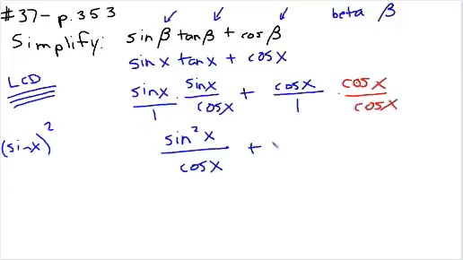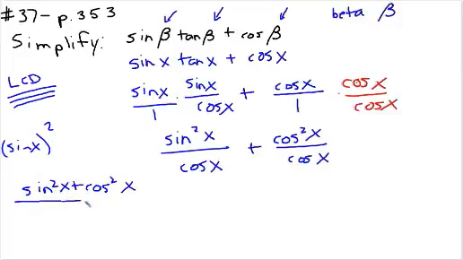And now this becomes cosine squared x over cosine x. And I now have a common denominator, so I can bring these two numerators together. And I have that sine squared x plus cosine squared x is all over cosine x.